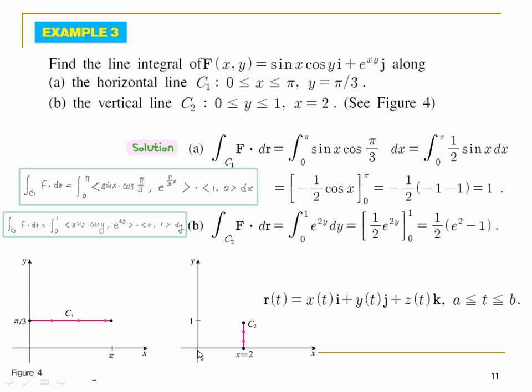Computing the inner product gives 0 for the first part, and e^(2y) times 1 is what is left. So we integrate e^(2y) dy from 0 to 1, which gives 1/2 times (e squared minus 1). This is what we have.